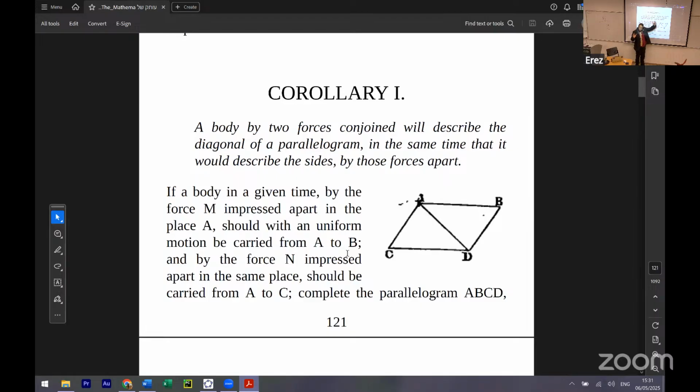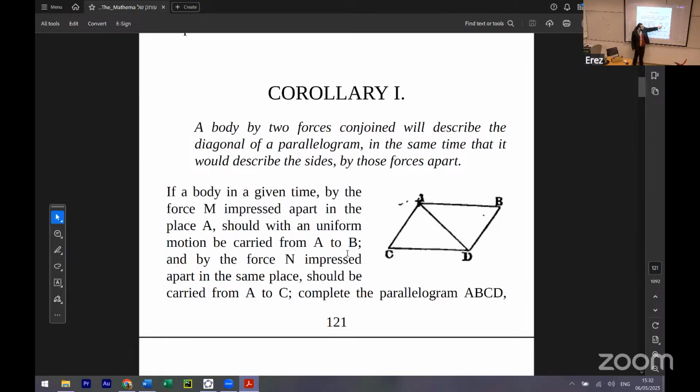Euclid was the main mathematician for so long. So all of what Newton did was much more geometrical than calculus-y. And here it's vectors. And then he asks, so what will happen to the ball? Right? So you tugged on the rope in this way. Tomas tugged on the rope in this way. They are both attached to the same ball that sits here. What will happen to the ball altogether?